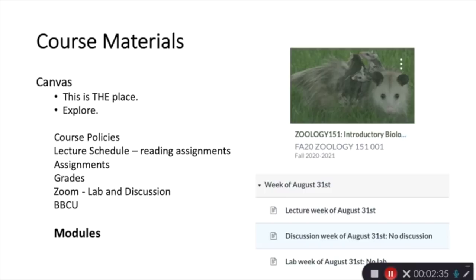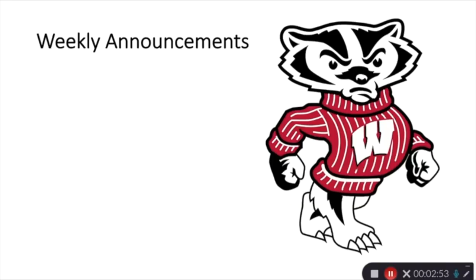This class is built out in modules on Canvas, and the modules are designed by week. You can see here in this example, the week of August 31st, there are a lecture, a discussion, and a lab page for each. Additionally, starting this next week, there are going to be weekly assignments in there.